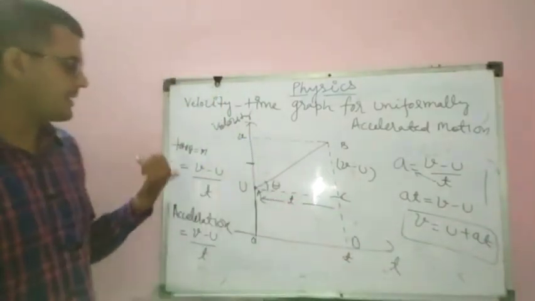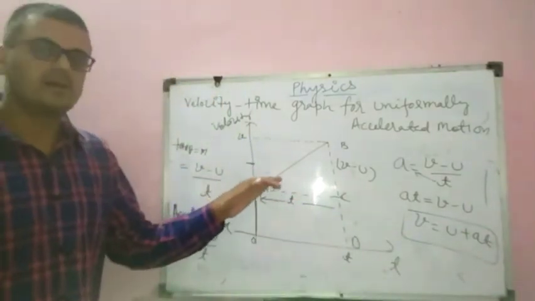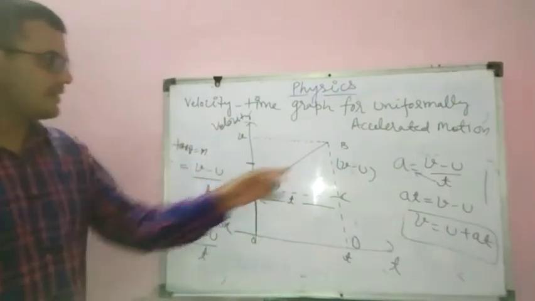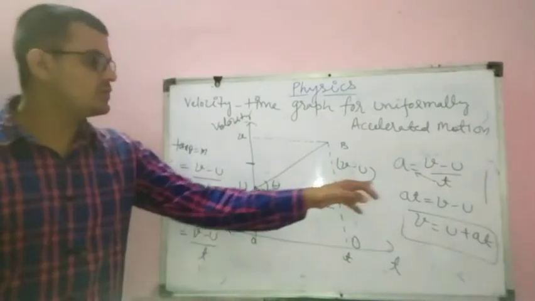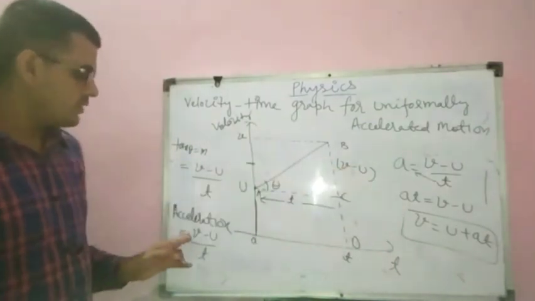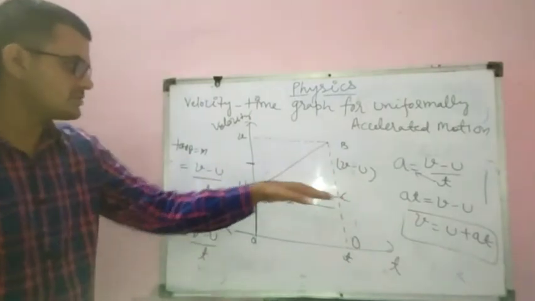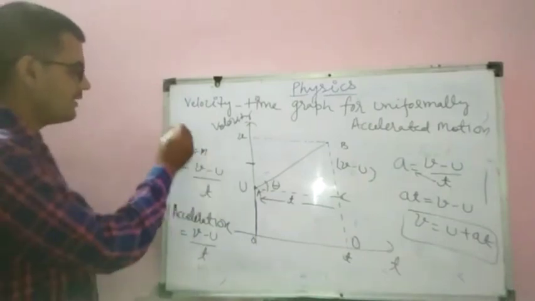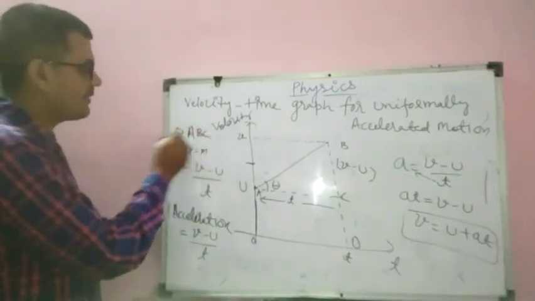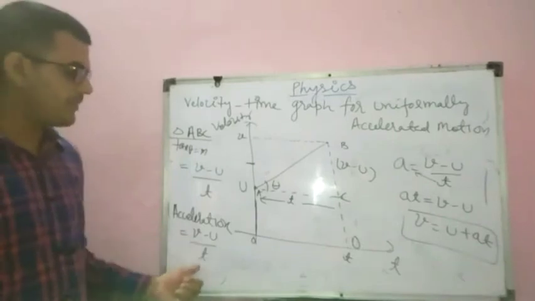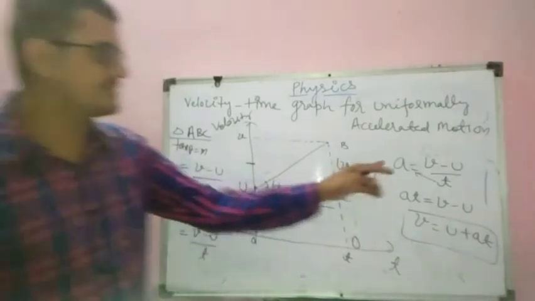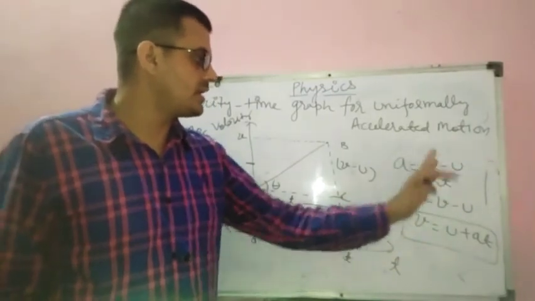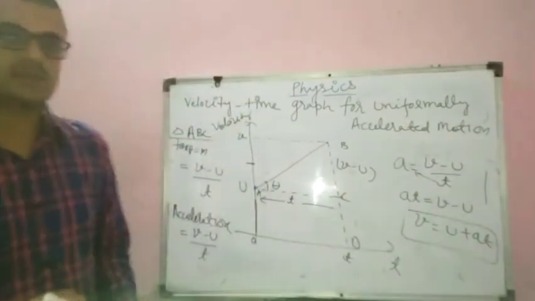How we got it, I am repeating again. We found the slope. Slope m equals tan theta, and tan theta equals perpendicular upon base, which is v minus u. This one is the perpendicular and this one is the base in triangle ABC. So v minus u upon t is acceleration, represented by a. a equals v minus u upon t, so a into t equals v minus u, v equals u plus at.